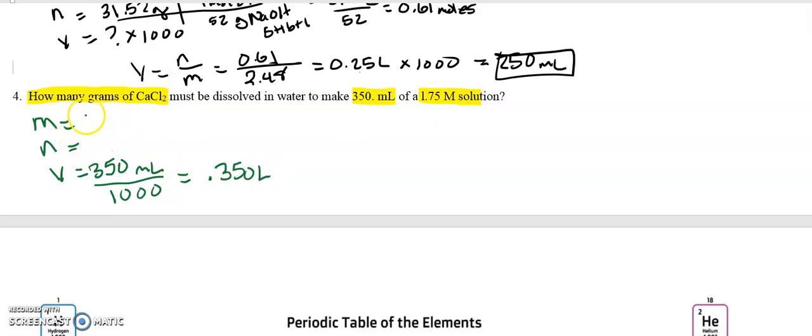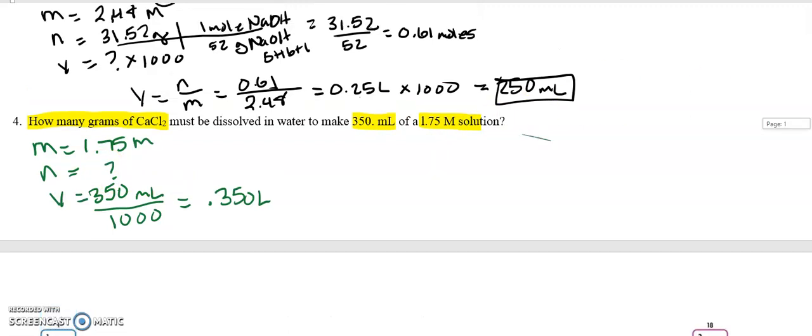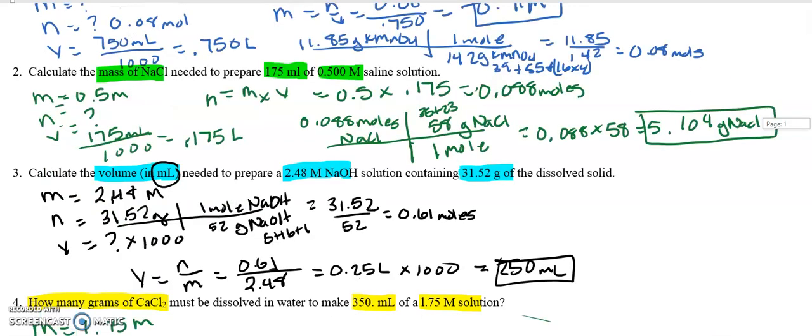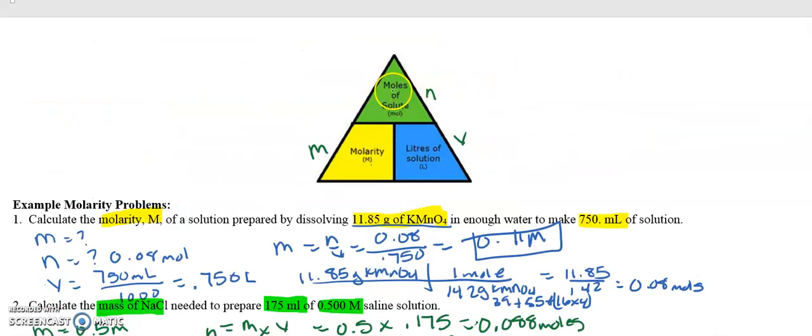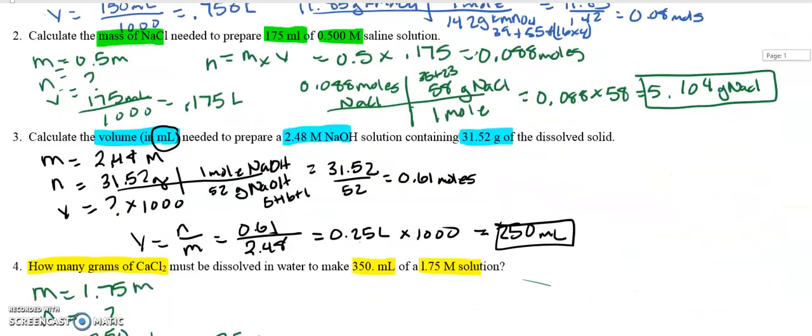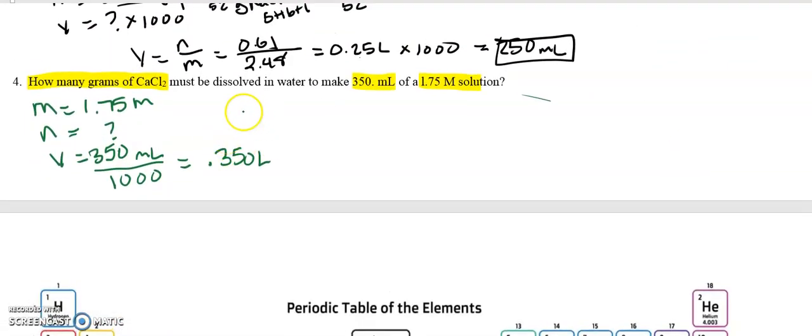I know my molarity is 1.75 molar. I don't know n. So once again, I go up top. To find n, I cover it up, and it's M times V.